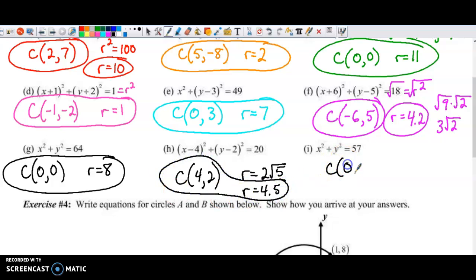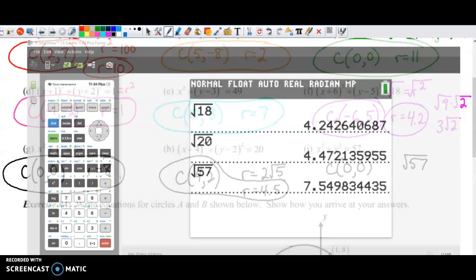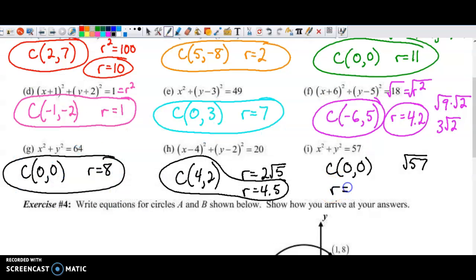And then this last one, square root of 57 is not a perfect number. I don't think you can break that down to anything, but I might be wrong on that. Square root of 57 is 7.5. Nearest tenth.